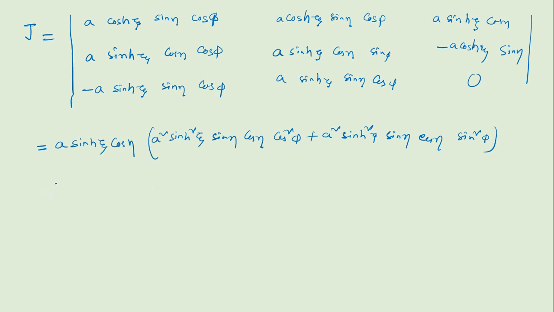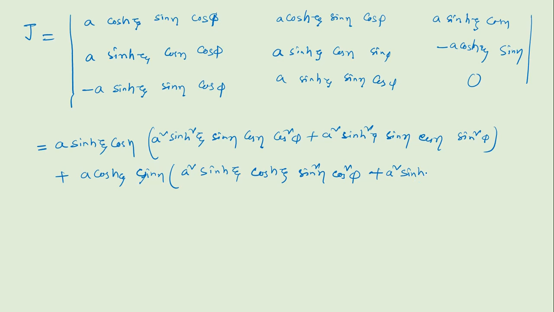And with plus, this will be a cosh xi sin eta within bracket a square sinh xi cosh xi sin square eta cos square phi plus a square sinh xi cosh xi sin square eta sin square phi.